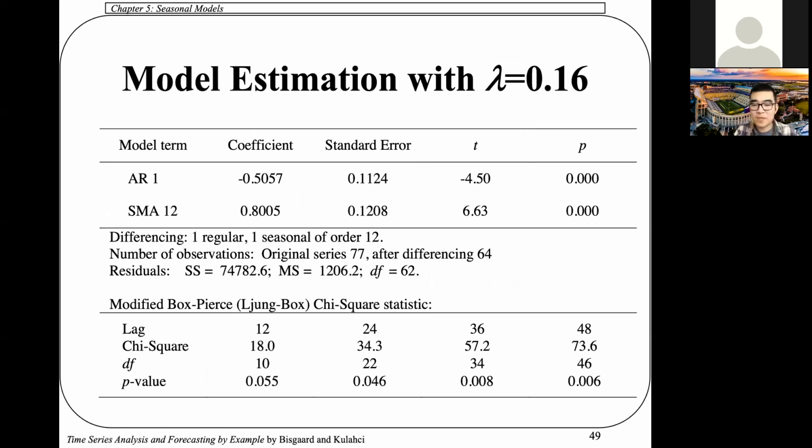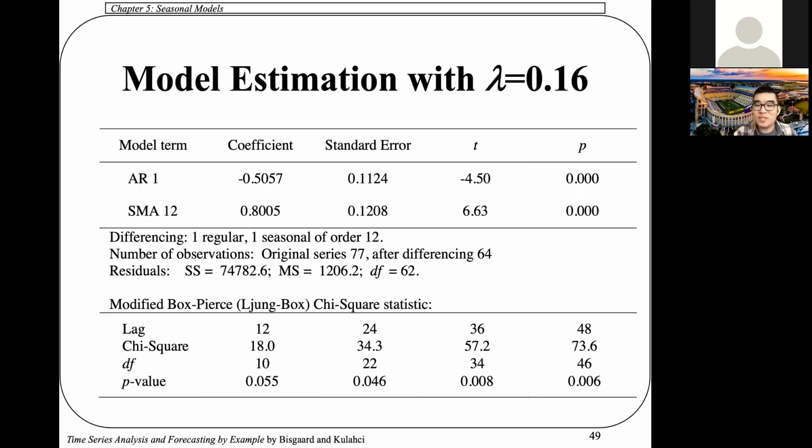So how about we fit the data using this optimal lambda equal to 0.16? What do we get? Again, the coefficients are statistically significant. More importantly, the p-values at lag 12 and lag 24 are both approximately 0.05, so they are marginally insignificant at the 5% significance level.